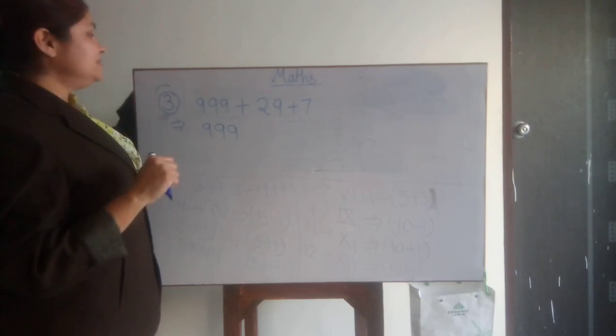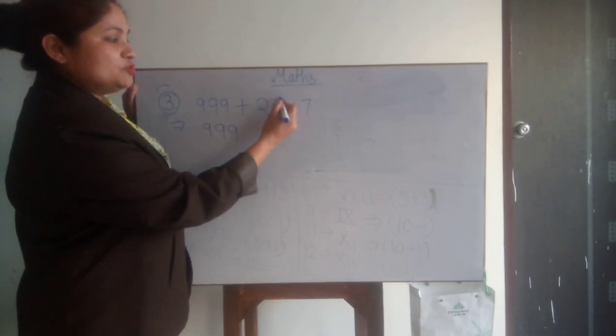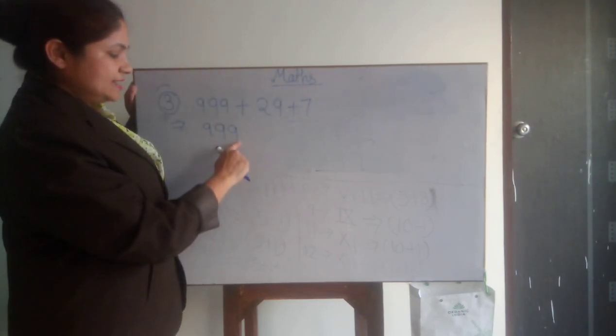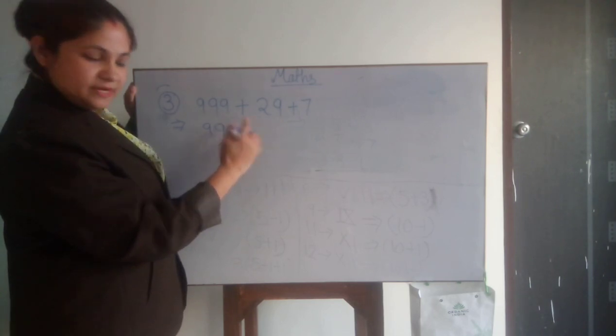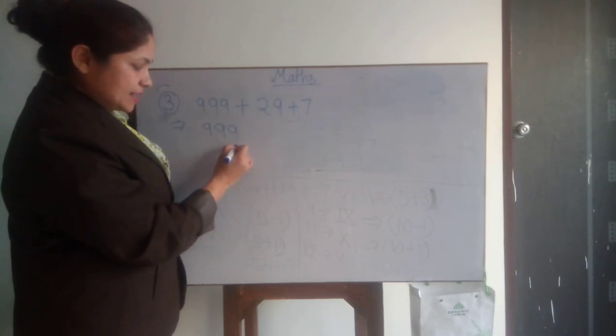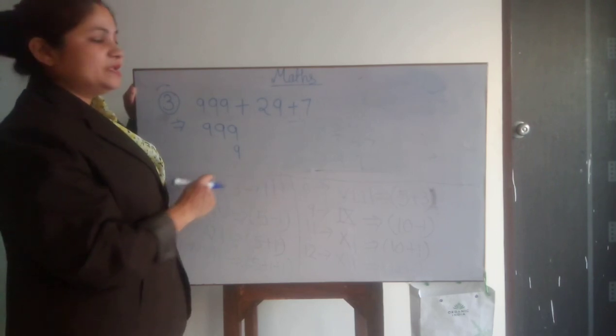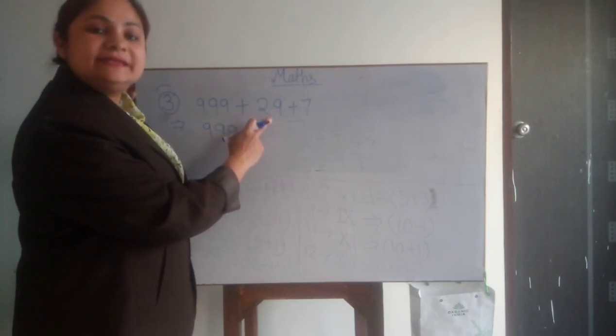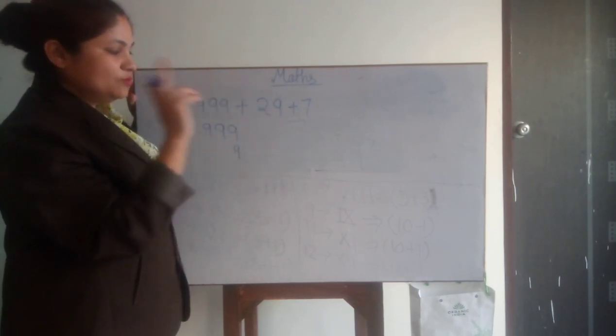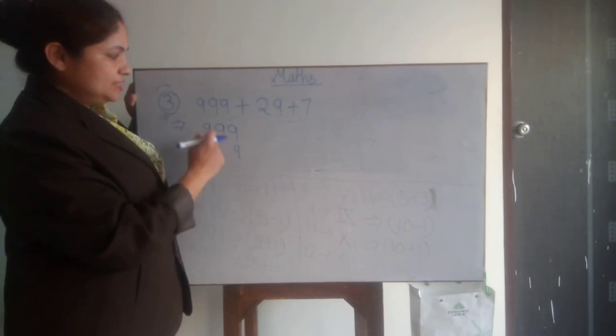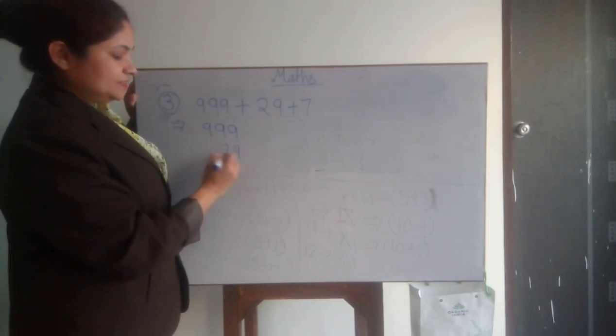So where will we write this 29? 9 is on the ones place, and this 9 is also on the ones place, so this 9 will come right below this 9. Then this 2 is on the tens place, so this 2 will come right below this 9.